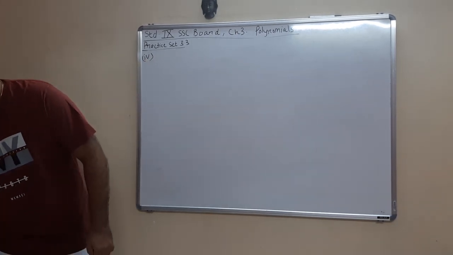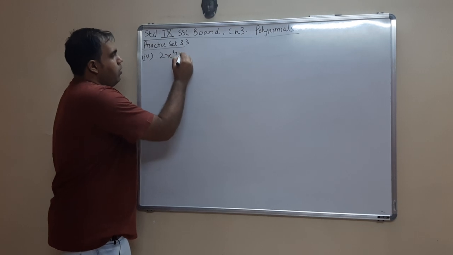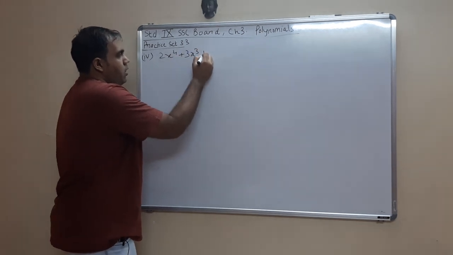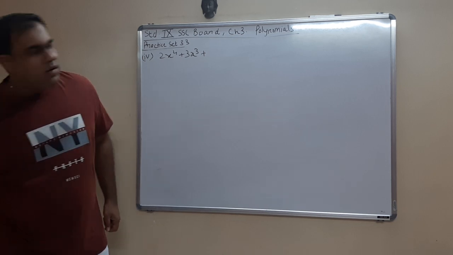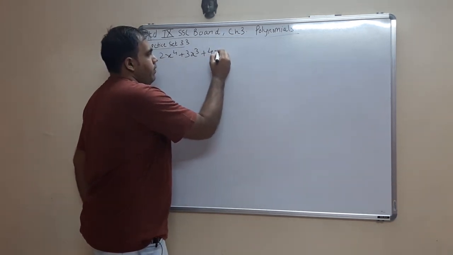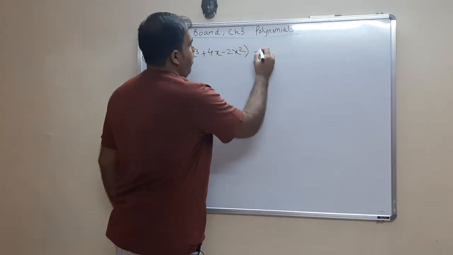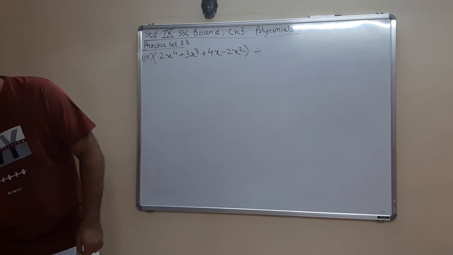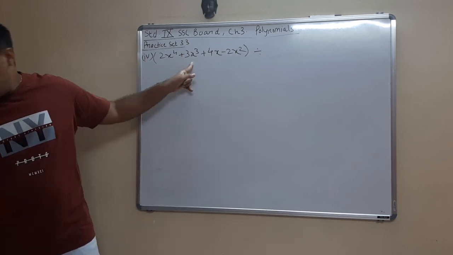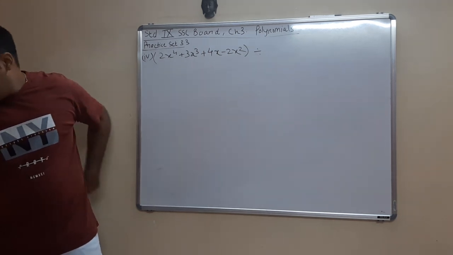Fourth question, 2x raised to 4 plus 3x cube plus 4x minus 2x square, divided by x plus 3.